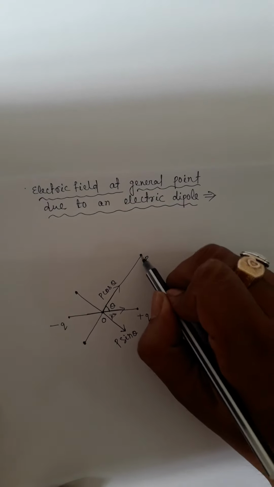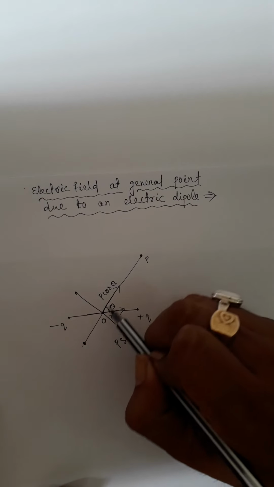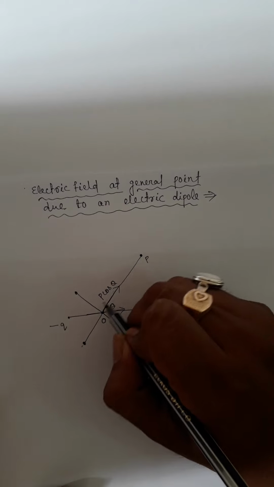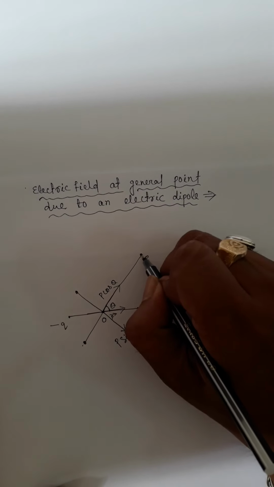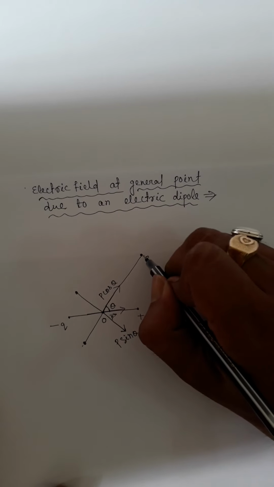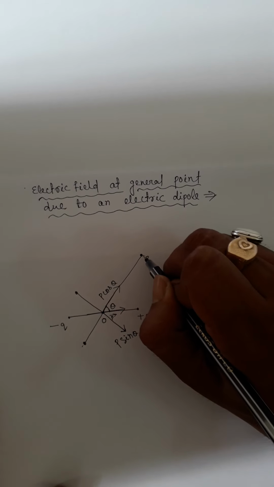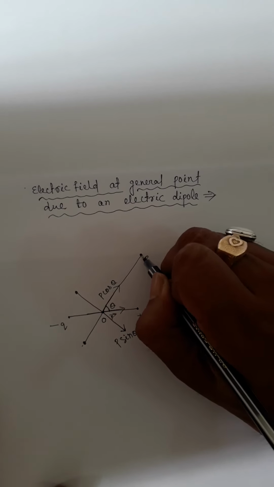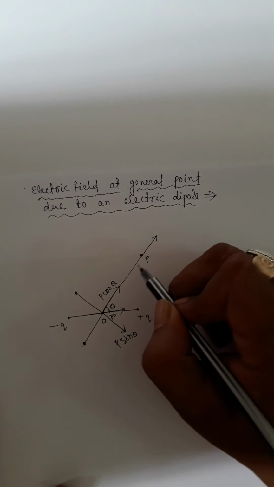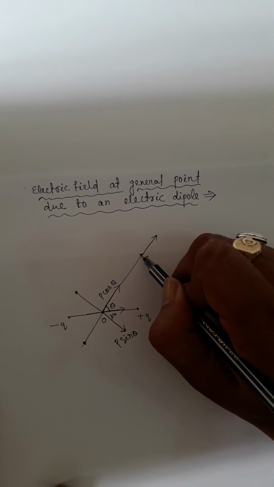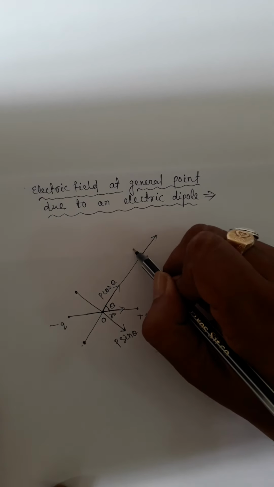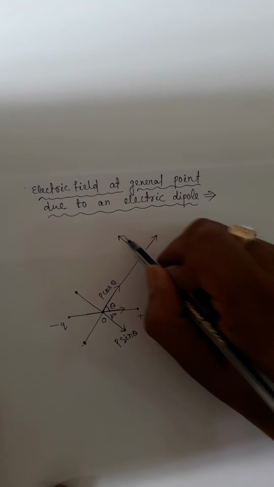Point P is on the axial line of the dipole moment P cos theta. So this point P is on the axial line, and we know the direction of the electric field is in the direction of the electric dipole on the axial line, and the direction of the electric field is opposite to the direction of the dipole on the equatorial line.